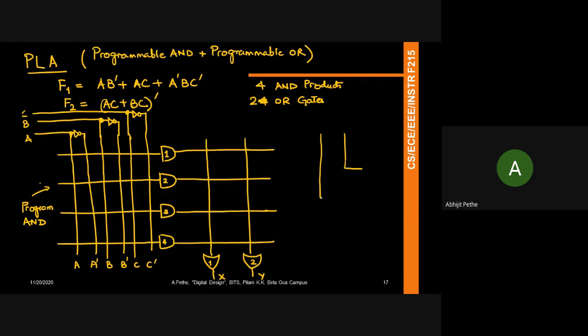Anybody? A NAND gate. Yes. What other gate can you use? XOR gate. So what typically happens in these kind of chips is you have an XOR gate sitting at the output.